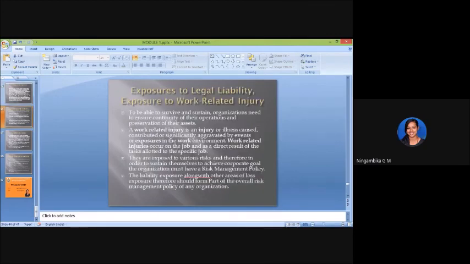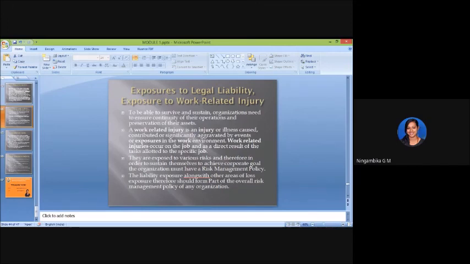Coming to the exposure to legal liability, or exposure to work-related injury. Work-related injury talks about injury or illness caused or significantly contributed to when work is happening in the organization. For example, a person was doing a specific job, a machine fell on him and he got hurt. Yes, that is also a work-related injury.